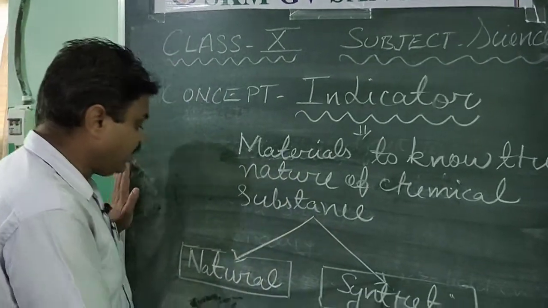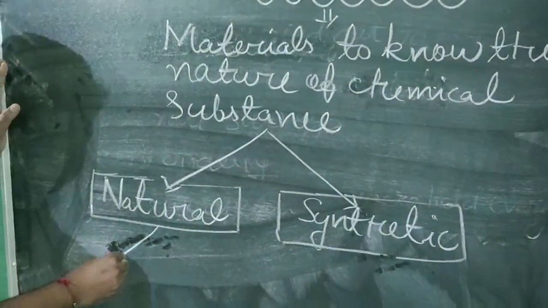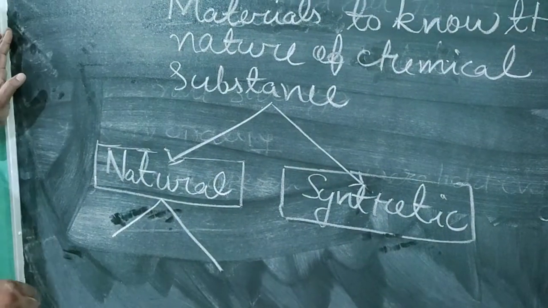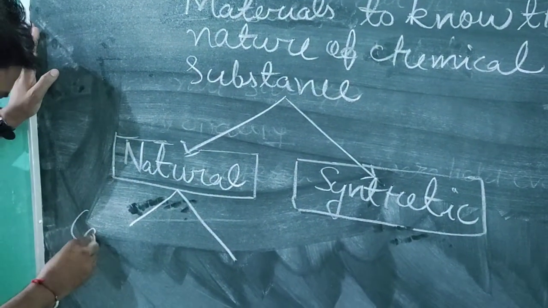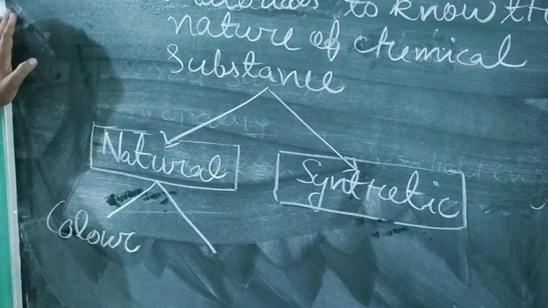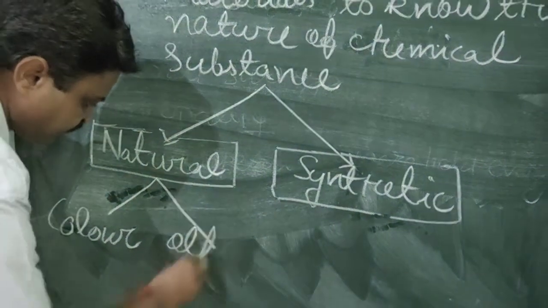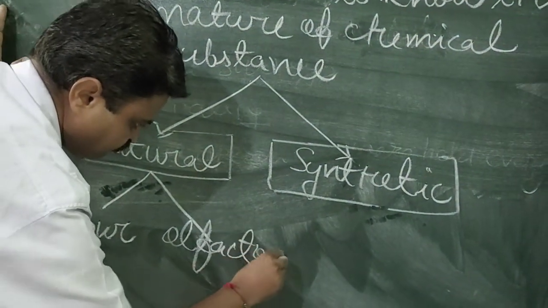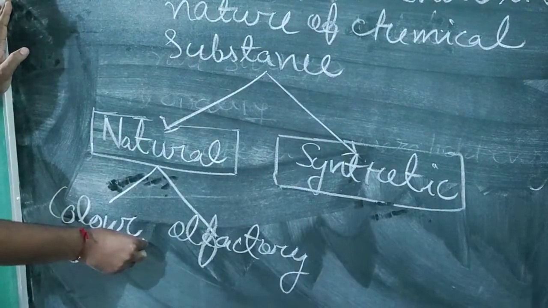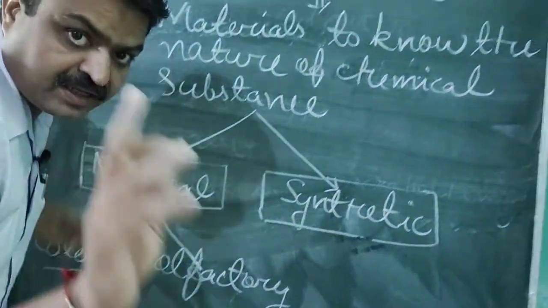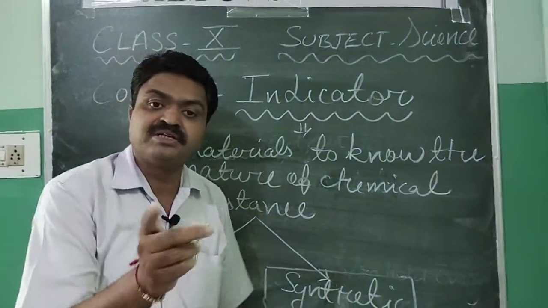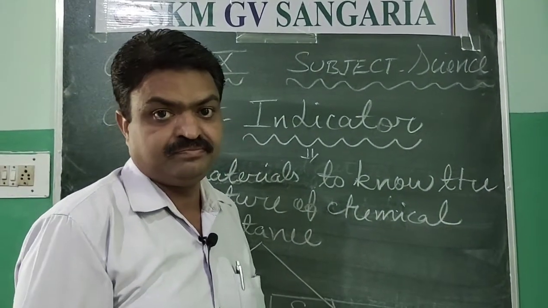Now, indicators are categorized again into two types: color indicators and olfactory indicators. Color indicators change their color in the presence of acid or base.